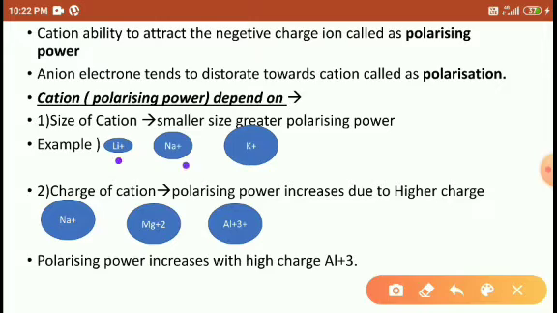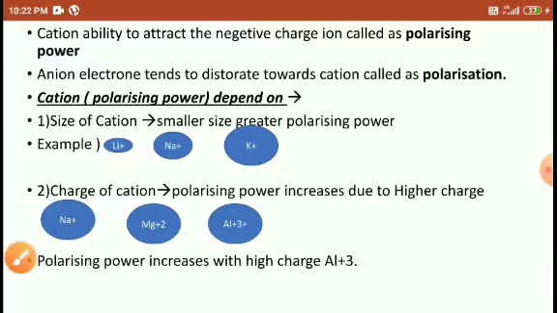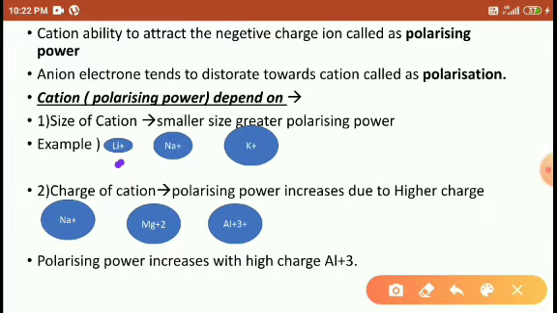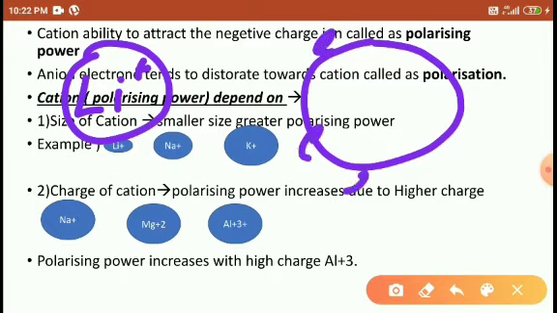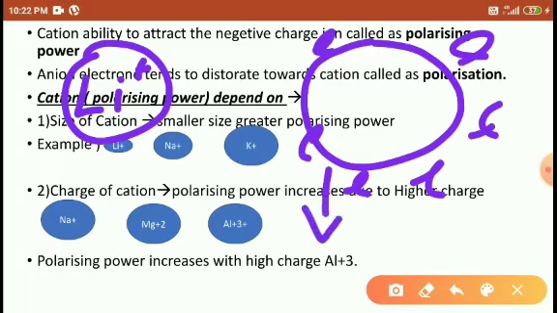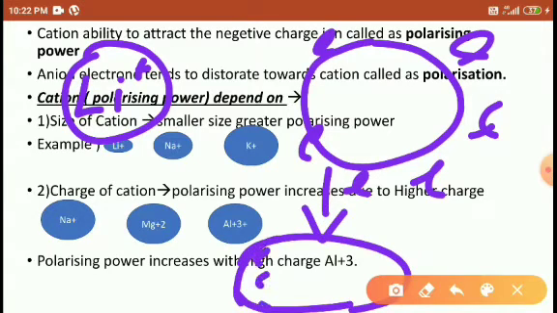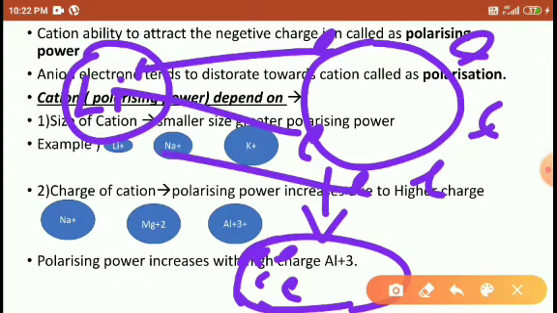Lithium, sodium, potassium: the lithium size is smaller than sodium, which is smaller than potassium. In a small cation the electrons are strongly concentrated near the nucleus, so the small lithium ion strongly attracts and polarizes the anions.